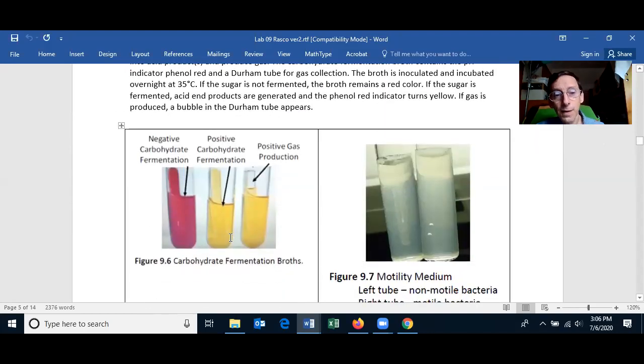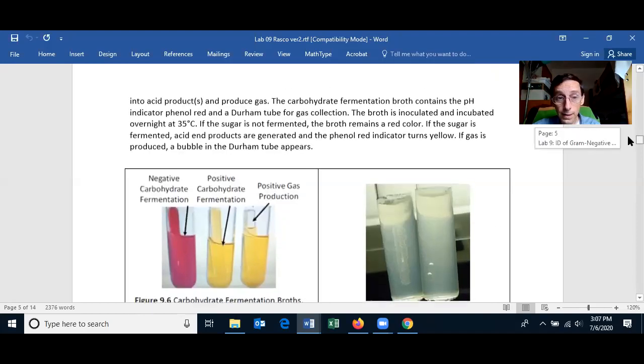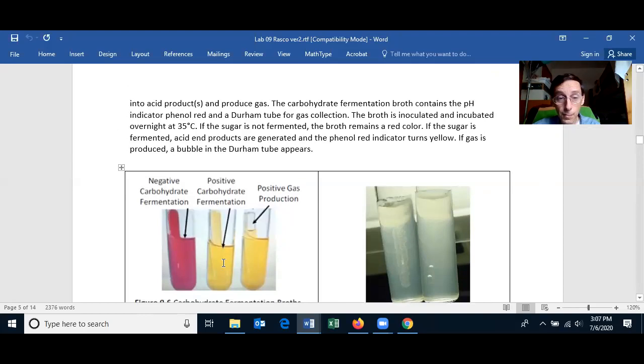Besides looking at the production of acids in the fermentation, you can also look at the fermentation producing a gas. And so there's three possible results in this test. You can get a negative, where the tube remains red and there's no gas production in the tube. The tube can be an acid, where the tube turns yellow, fermentation happened, but there's no gas production.